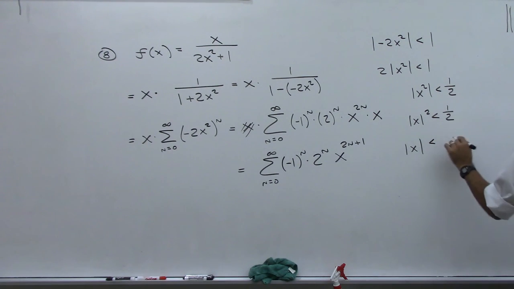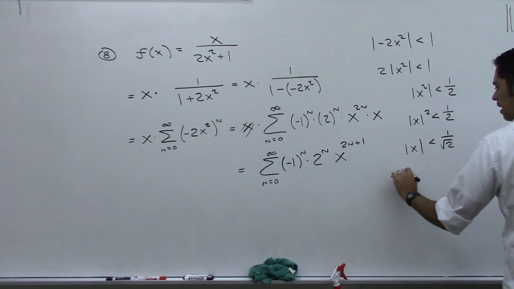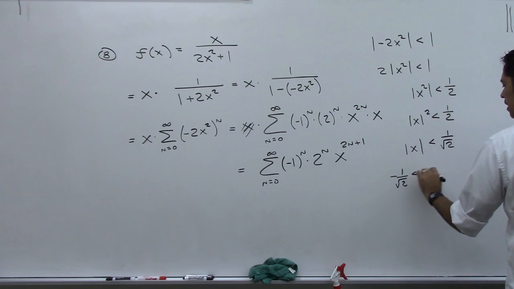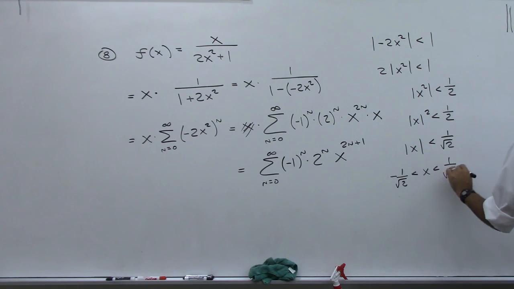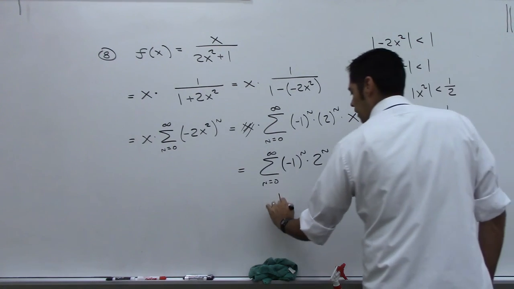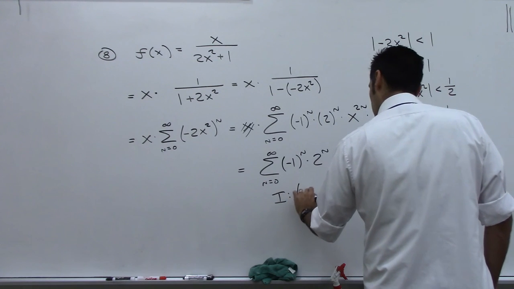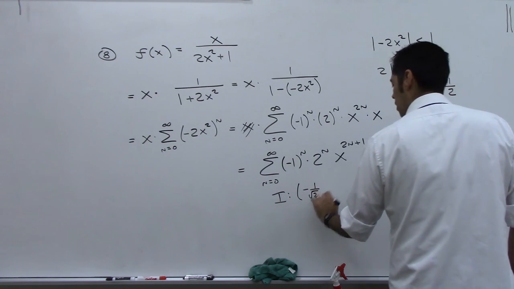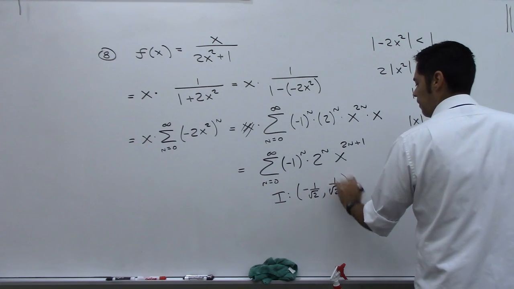So square root top and bottom separately, 1 over root 2. So that means negative 1 over root 2 less than x less than 1 over root 2. So my interval of convergence is negative 1 over root 2 to 1 over root 2.